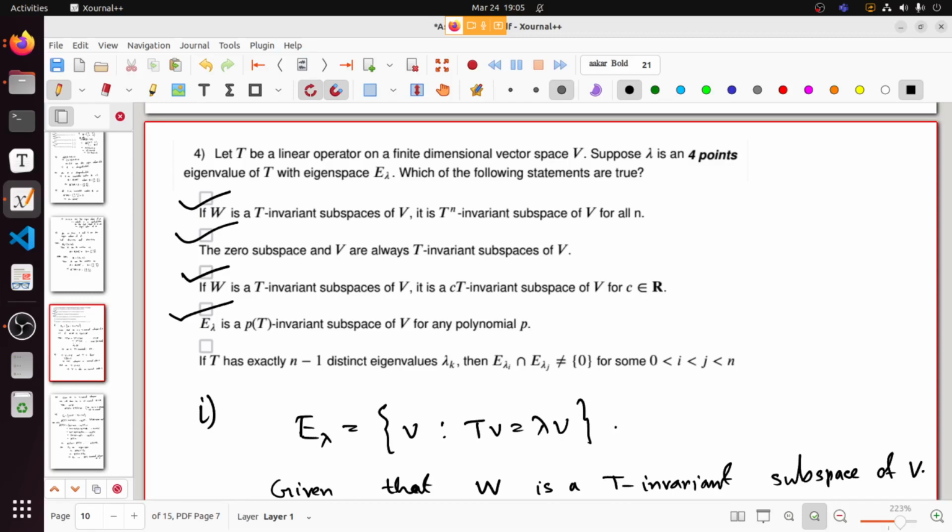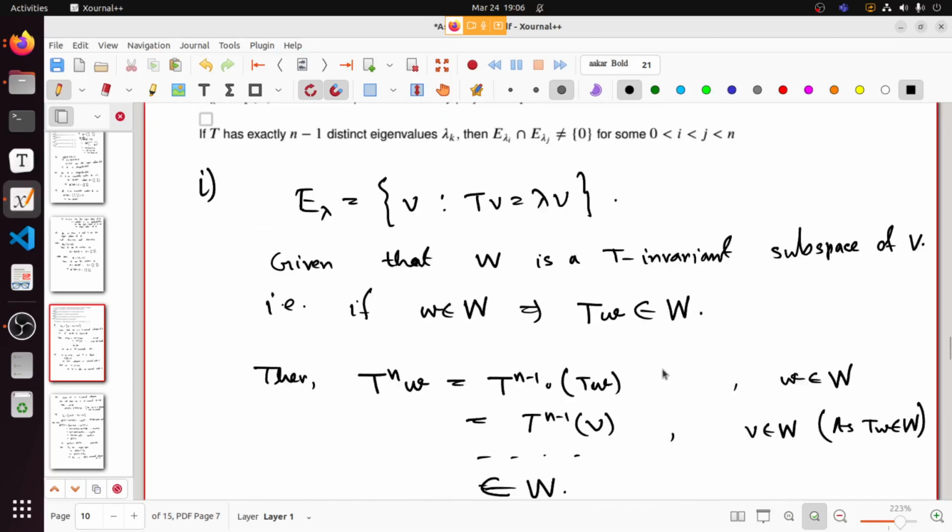Now let's check the last option. If T has exactly n distinct eigenvalues lambda k, then E lambda i intersection E lambda j is non-empty for some i less than j. So it's saying that corresponding to different eigenvalues, their eigenspaces can intersect. But this is not true, right? We have seen in the class. So let's do this.